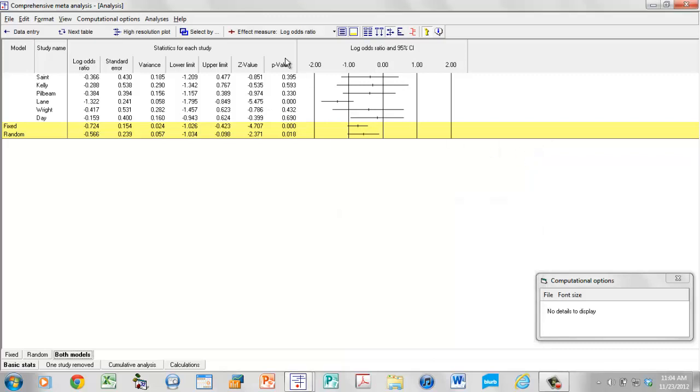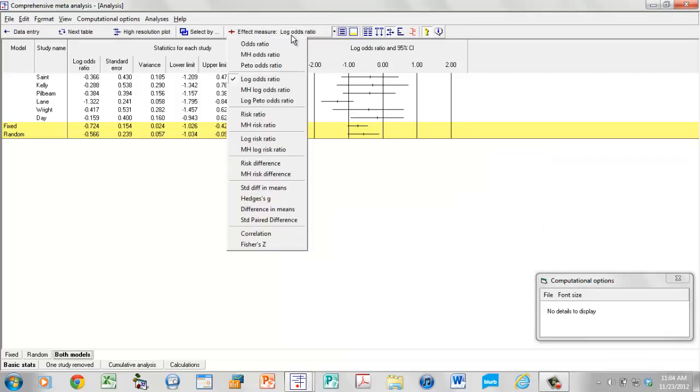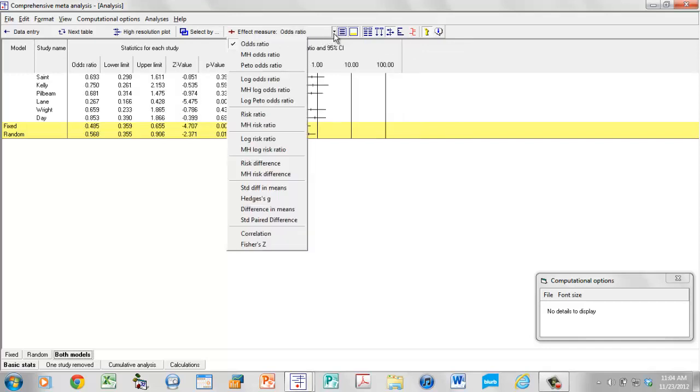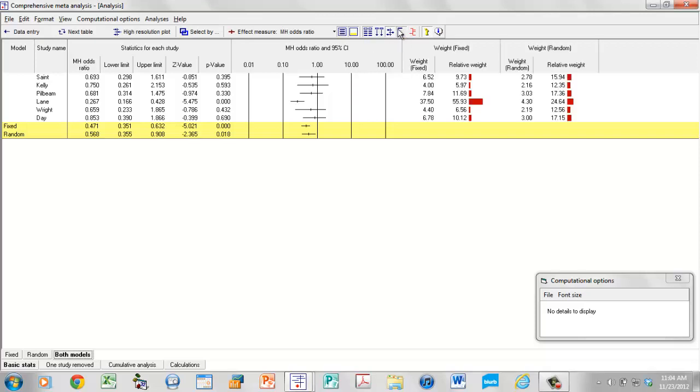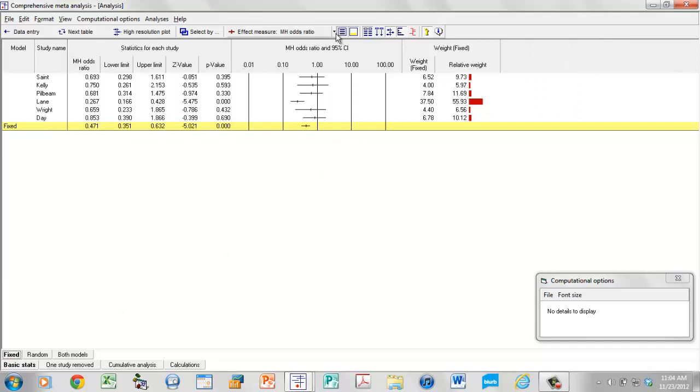Let me show you also, I showed you before that you can display the odds ratio or the log odds ratio. You also, if you're working with the odds ratio, you can also display the Mantel-Haenszel odds ratio or the Peto odds ratio, and then you can actually see the weights that are assigned under those. So let's say we go back to the fixed effect analysis. Under the inverse variance method, this study is getting 40% of the weight.